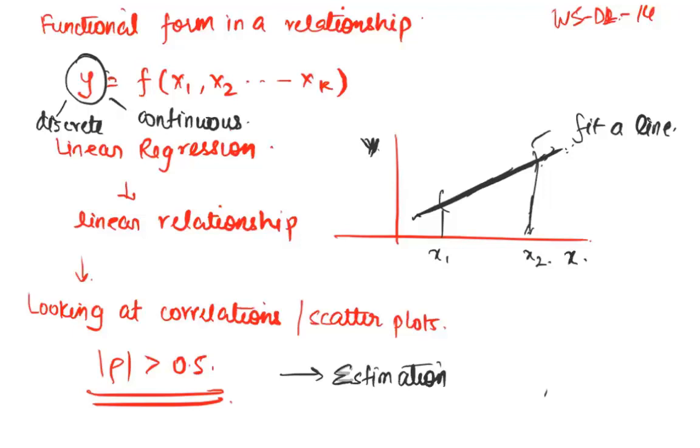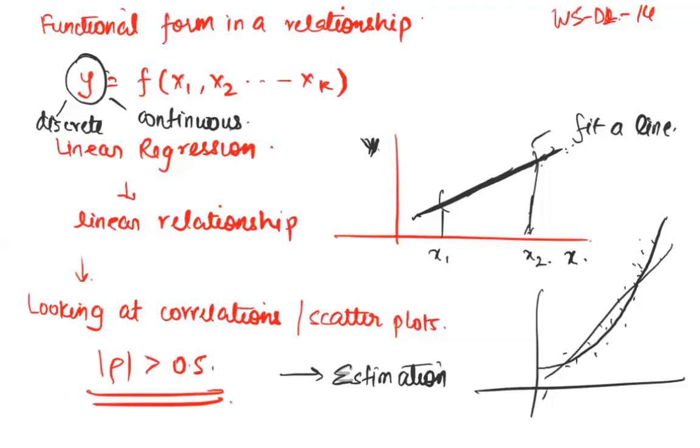So if you're getting data like this, quite clearly you need a function that is able to map this relationship. So you need a nonlinear function that fits this relationship. A simple line is not going to be a good fit for this. You get my point?